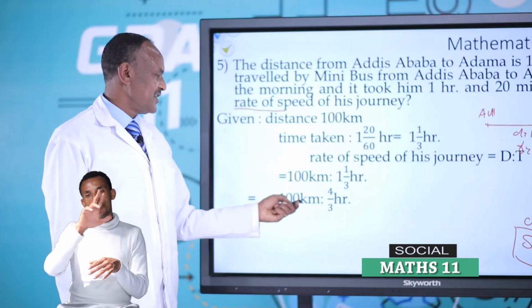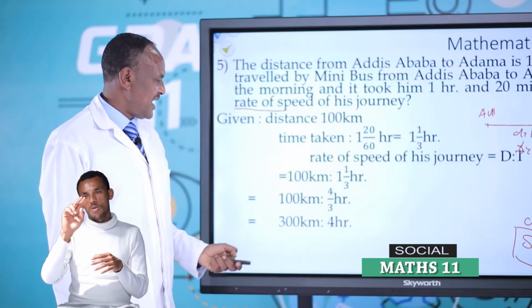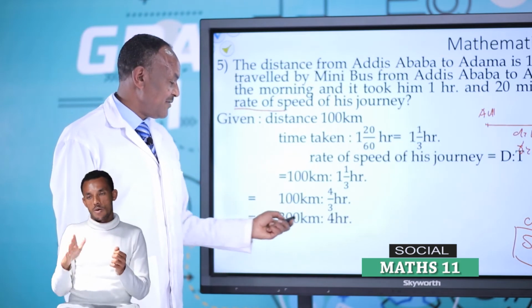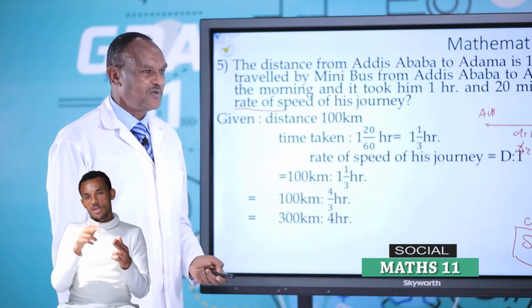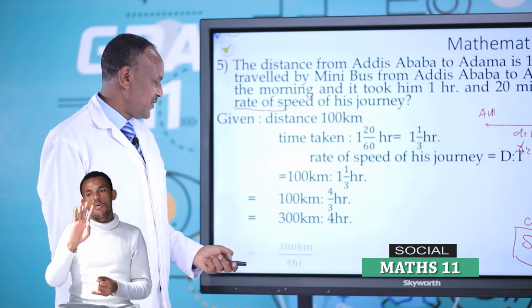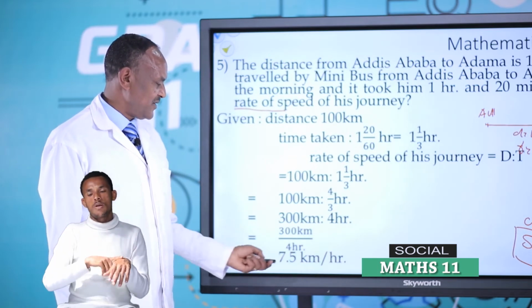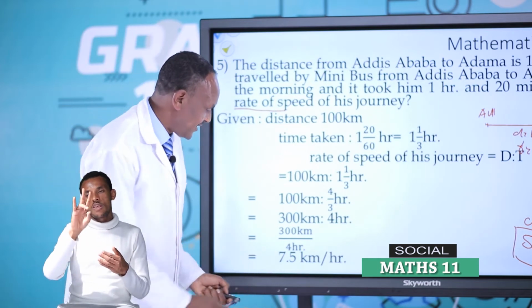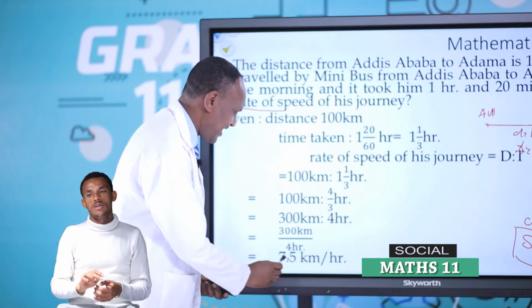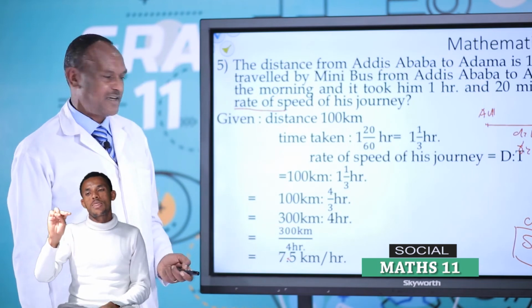You will have 100 kilometers to 4 over 3. When I multiply both sides by 3, 300 kilometers to 4 hours. So we have 300 kilometers over 4 hours. When simplified, you will have 75 kilometers per hour.